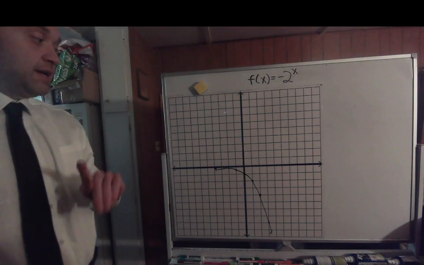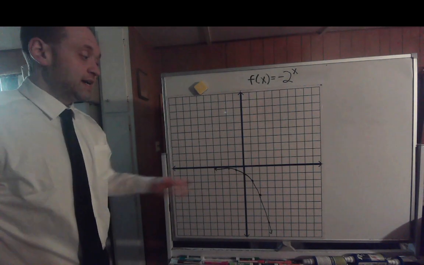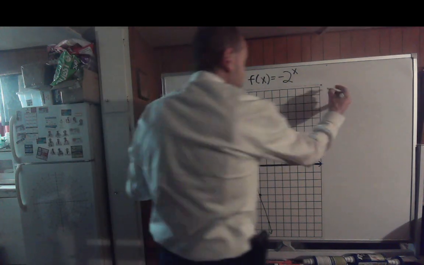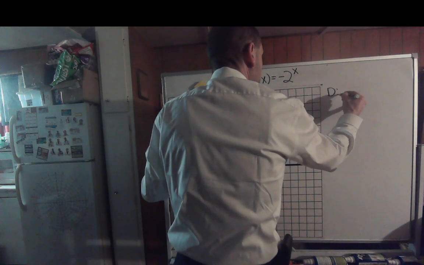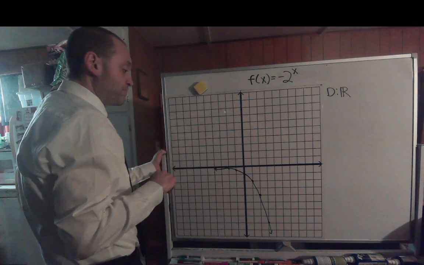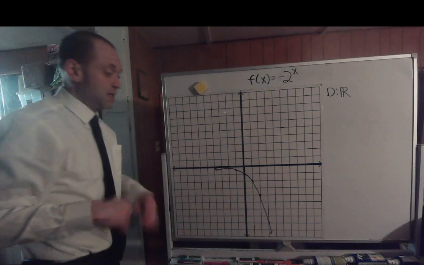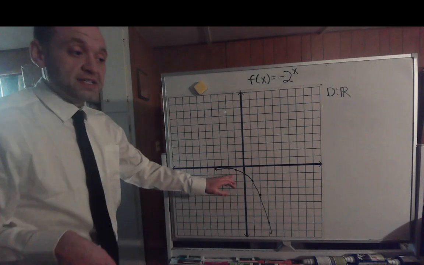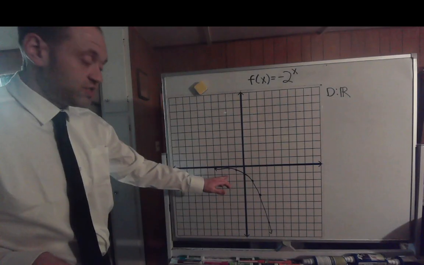Now again, you have a domain of all real numbers. Your range, however, goes from negative infinity to 0. It doesn't actually reach 0, but it gets infinitely close.